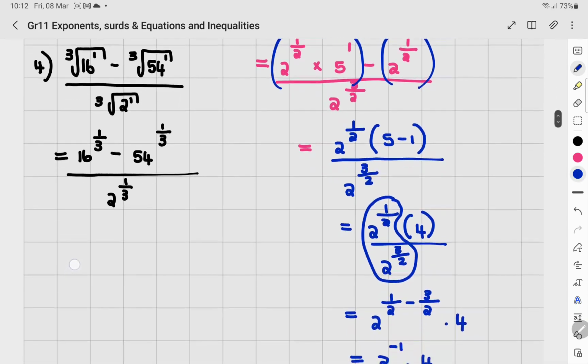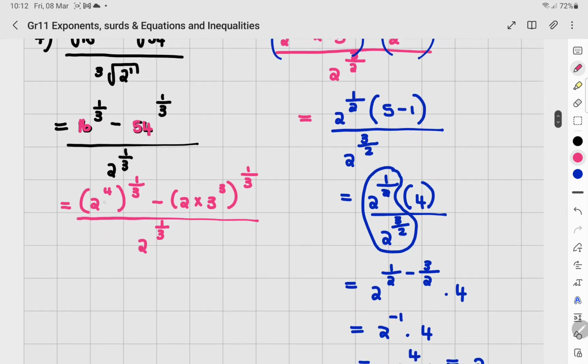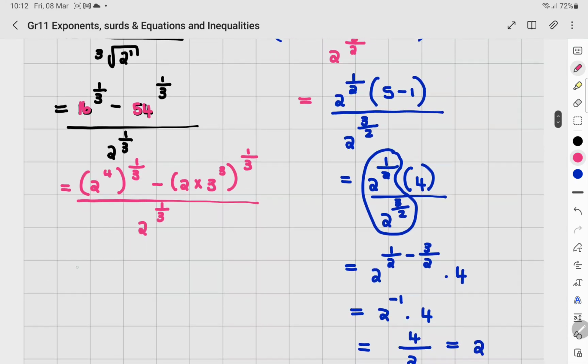Then I'm going to change my numbers that are not prime numbers into a product of its primes, like so. So I've got 2 to the power 4, which was 16. Now it's all raised to the power a third. So it will be 2 to the power 4 times a third is 4 over 3.